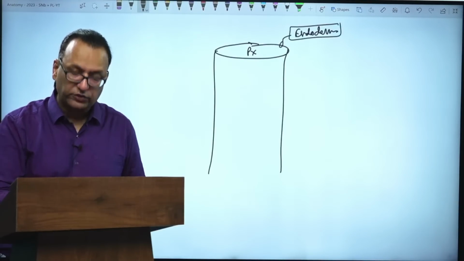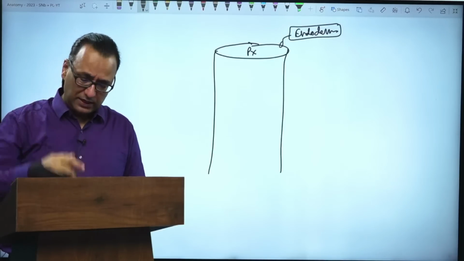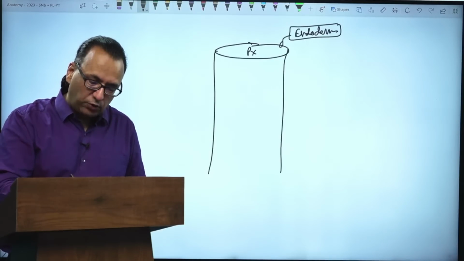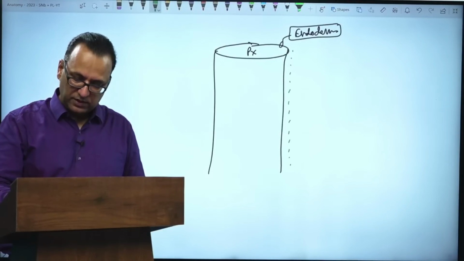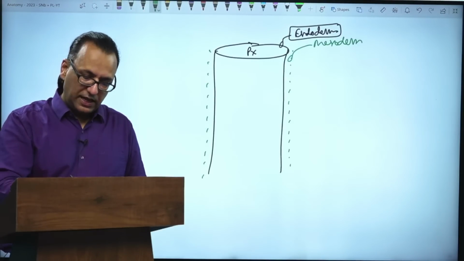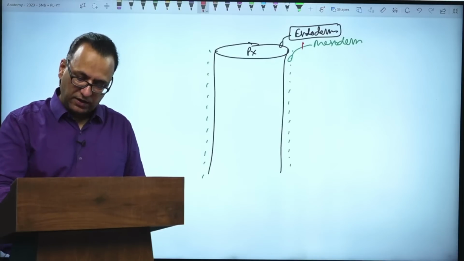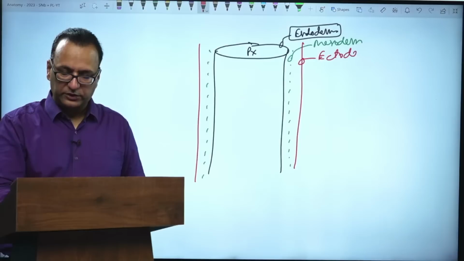Now the first layer to come is endoderm. What comes after that is mesoderm. And the last one to come is the ectoderm.